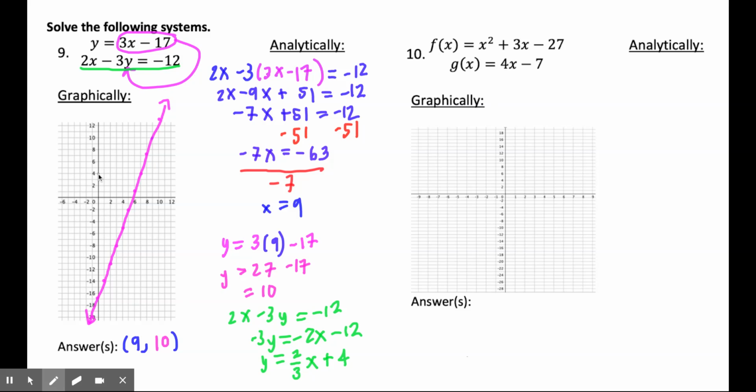So you have a y-intercept of 4 and then a slope of 2/3. Then you see that the point that I did mark earlier is the point of intersection. And then there's my line.